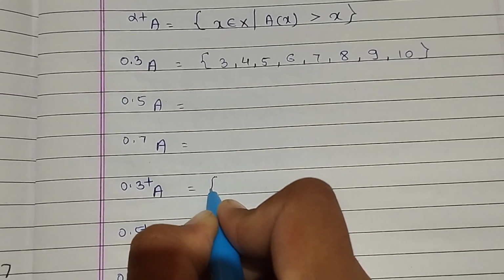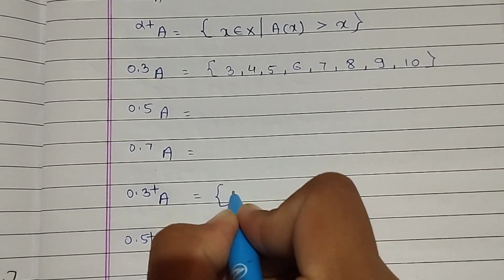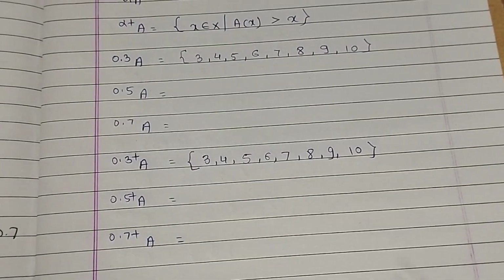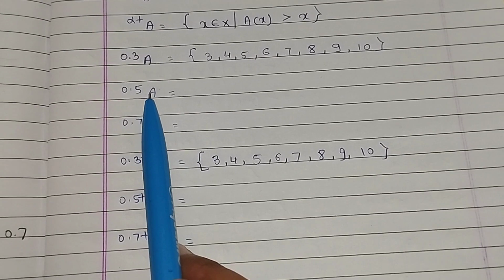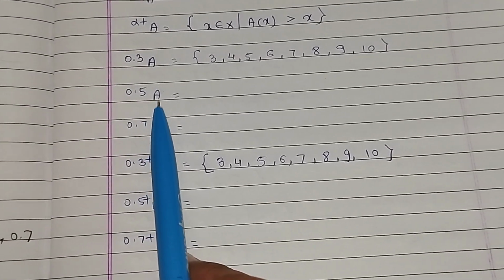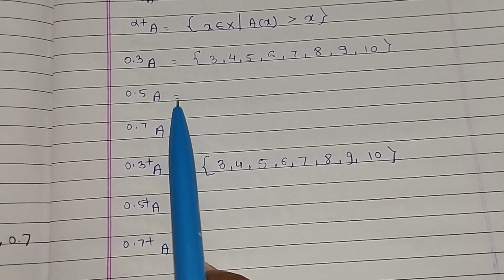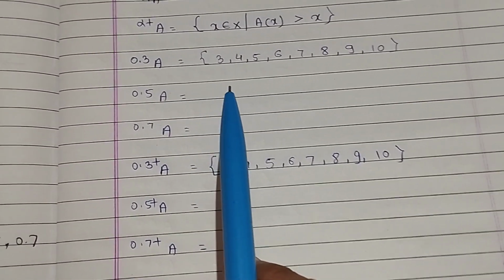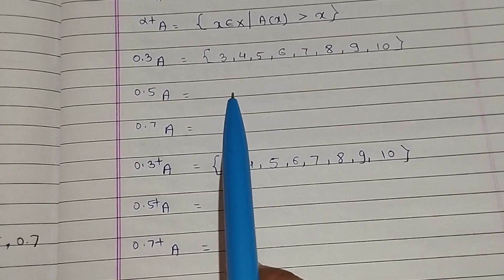So all the values of x, write as it is from 3 to 10. Now we check for 0.5. The values which are greater than or equal to 0.5, only those elements come in our fuzzy set alpha cut set.